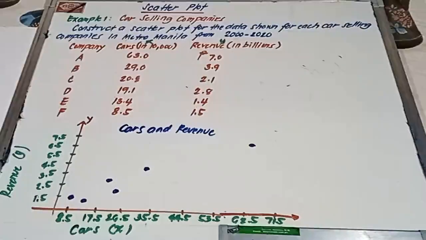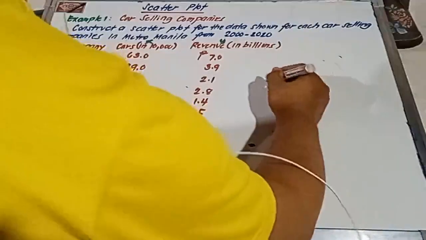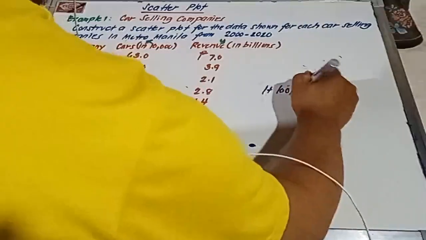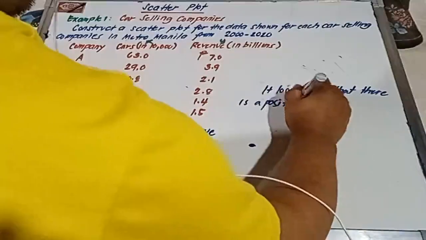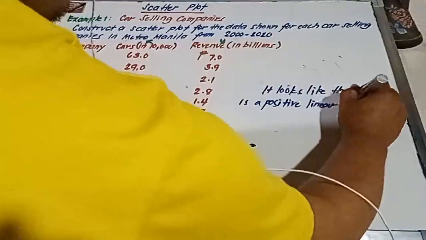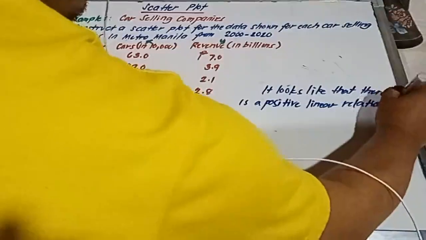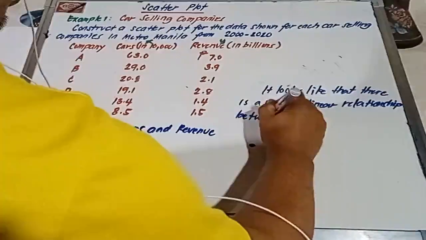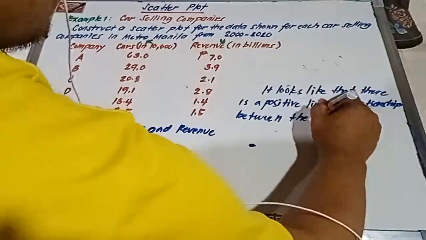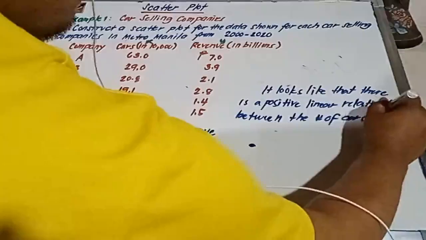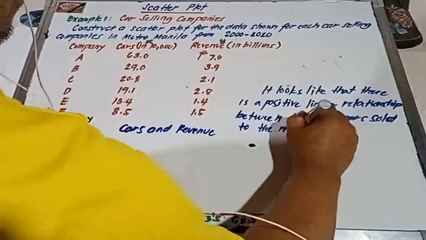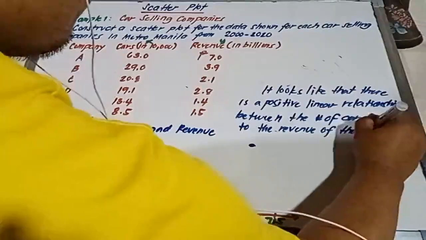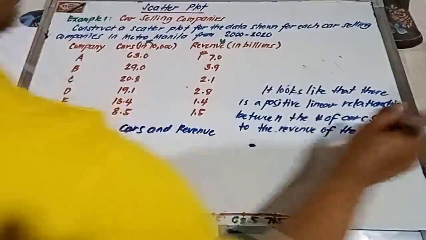So therefore, we can say that it looks like that there is a positive linear relationship between the number of cars sold to the revenue of the companies.